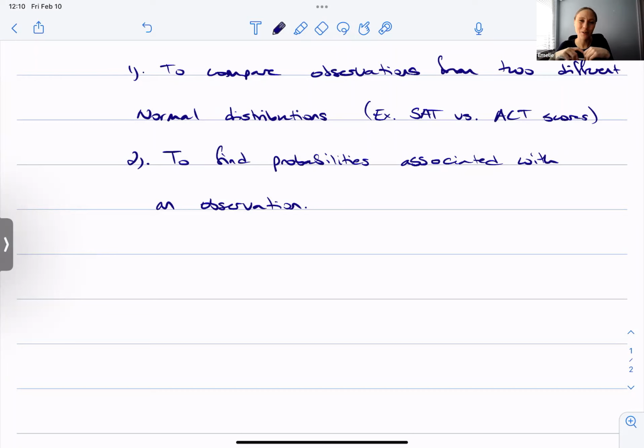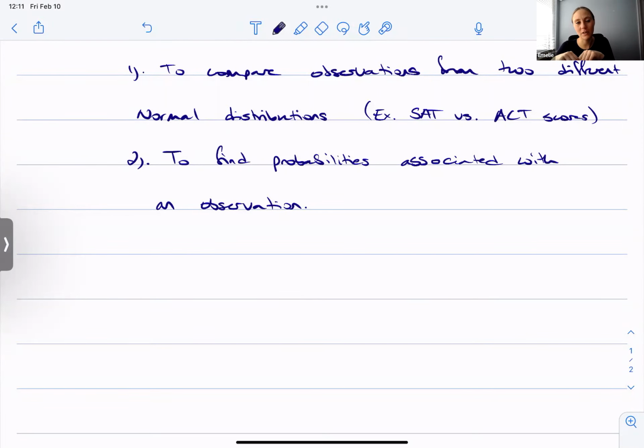And then I think the next question: do we have to have two different distributions? And the follow-up is, do they have to be normal distributions in order to use the Z-score? The official answer is yes, they should follow a normal distribution.